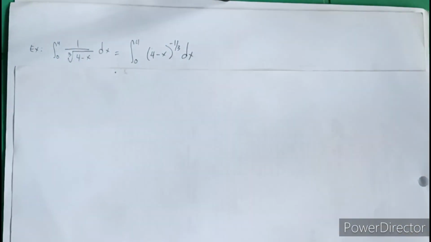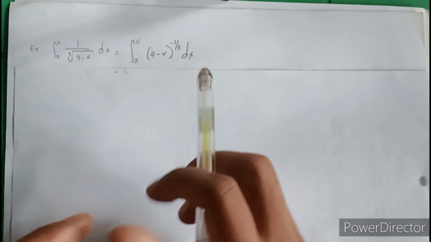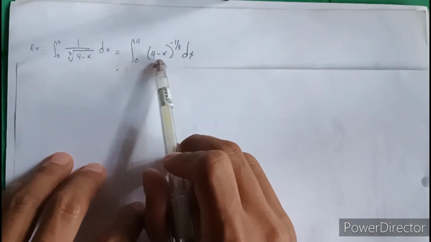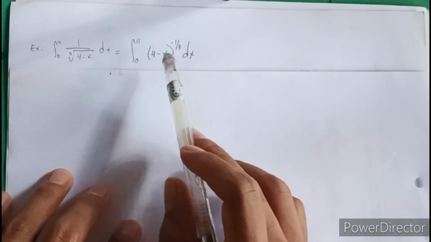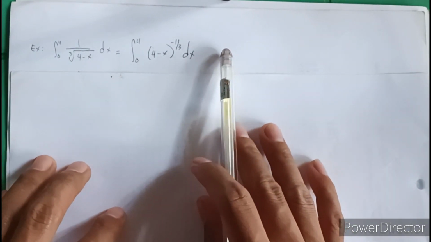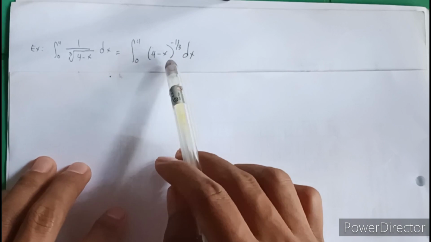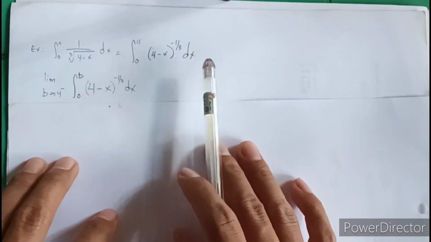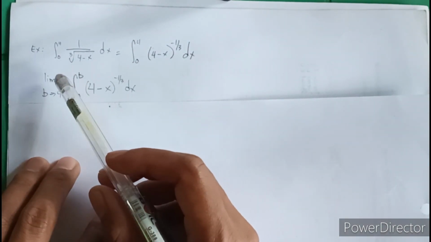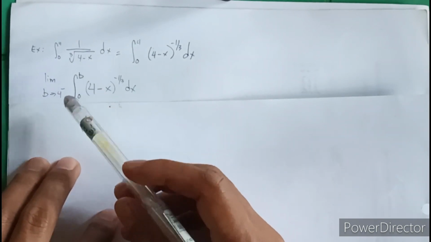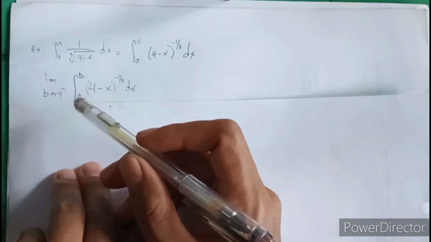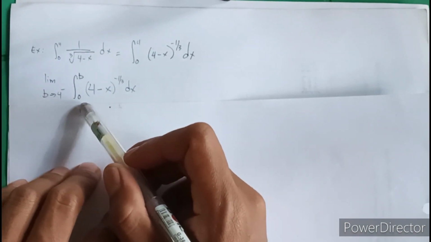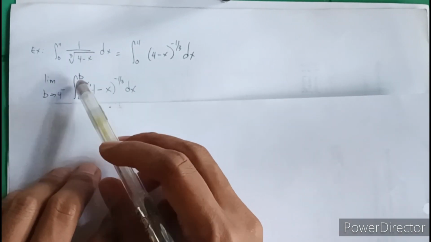We can rewrite this function as (4 minus x) raised to negative 1 third, since these two are the same. After we rewrite this expression, we can write the limit as b approaches 4 from the negative side, integrating from 0 to b.